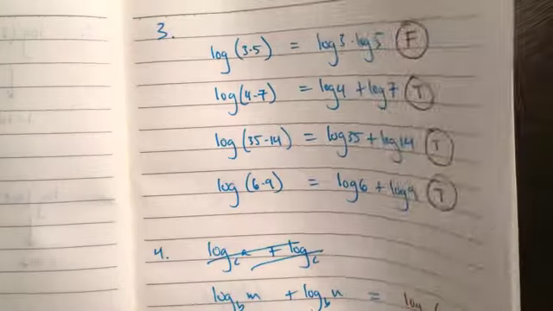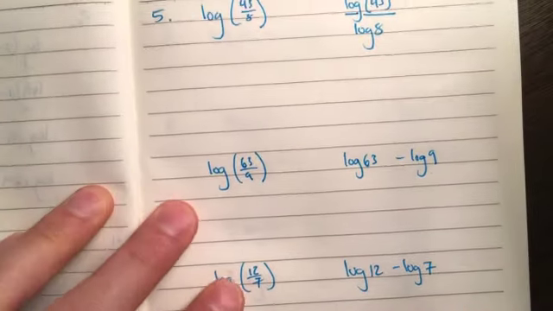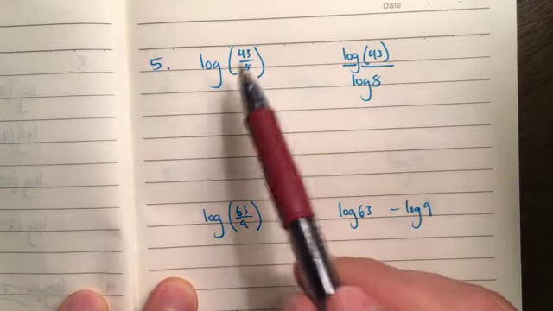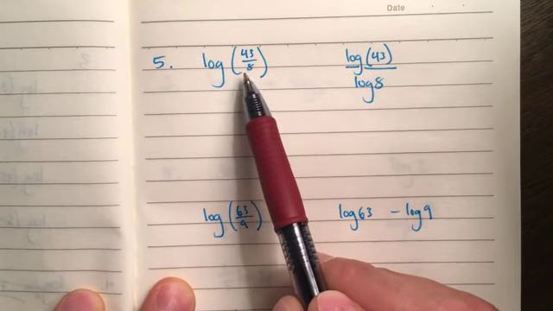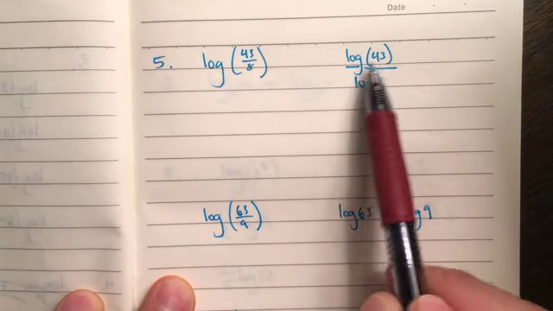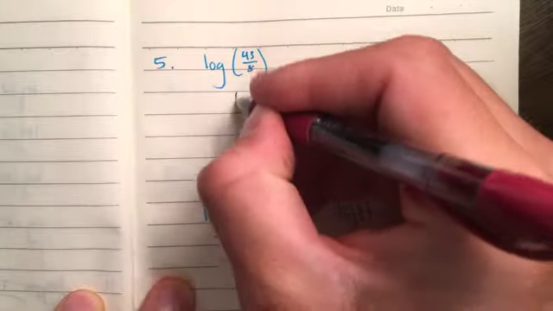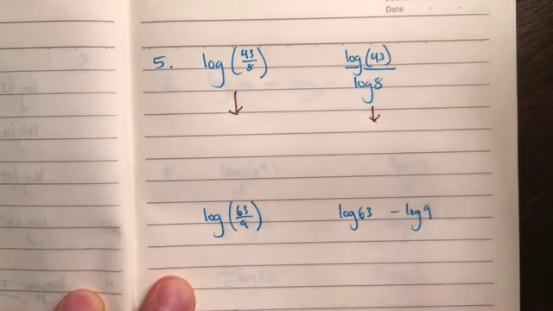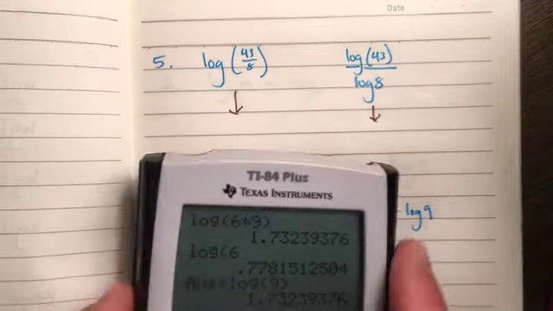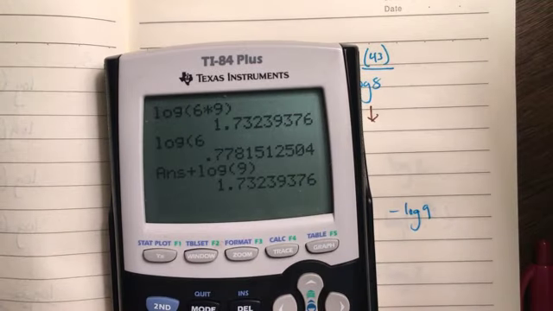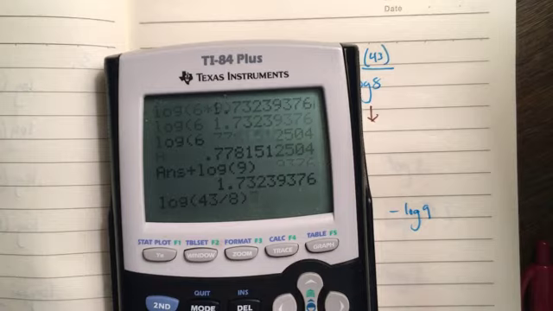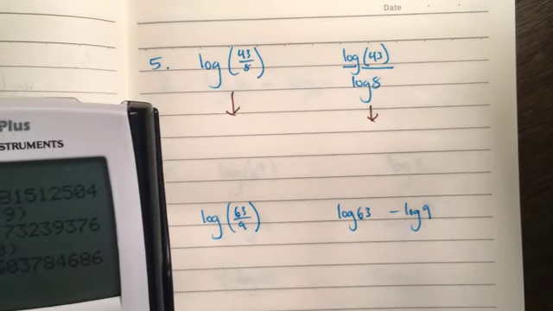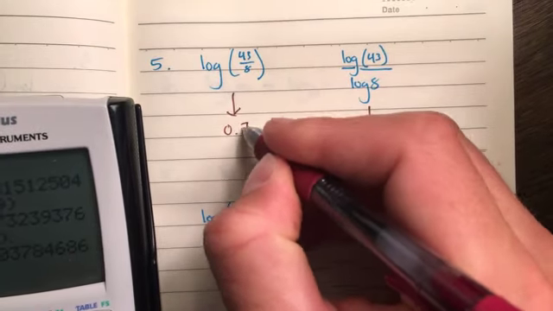Okay, let's see if we can figure out some more properties of logarithms. So now we've got a logarithm of a quotient, division, and we want to know, is that equal to the quotient of the logs? Okay, so let's find log of 43 divided by 8. That gives us 0.730.